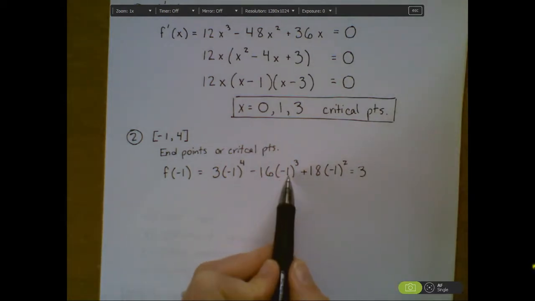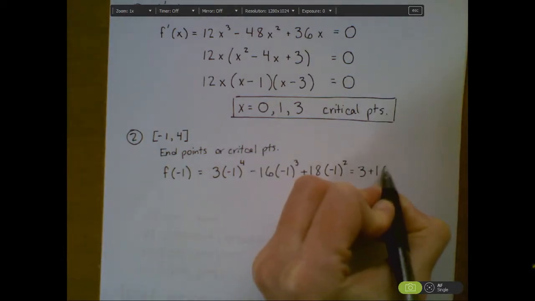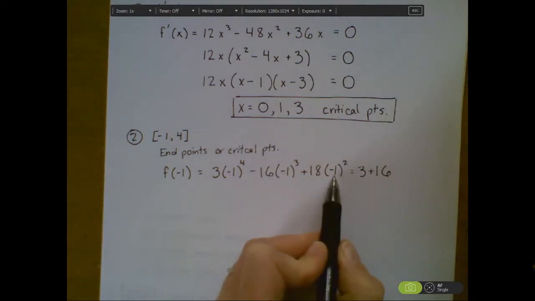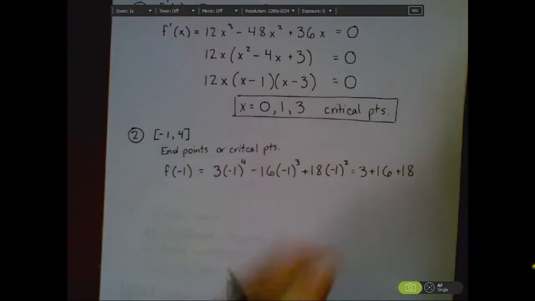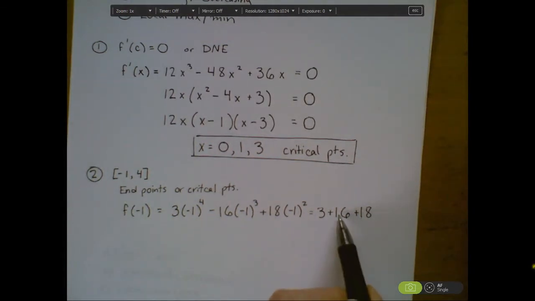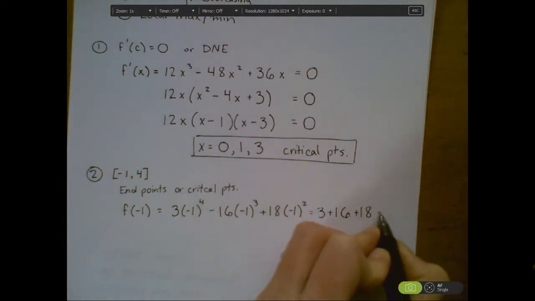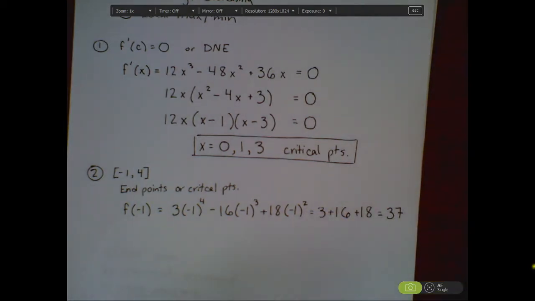Negative 1 cubed is negative, so this becomes negative 1 times negative 16, which is a positive 16, and negative 1 squared is positive, so 18. And that's equal to, let's see if I can do this in my head, that would be 3 plus 16 plus 18, that's 37. You can always check me on the calculator to make sure that that's correct.